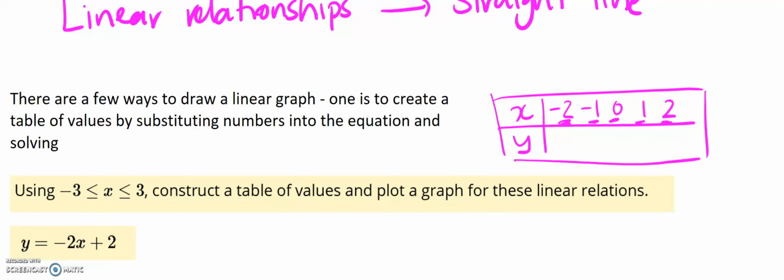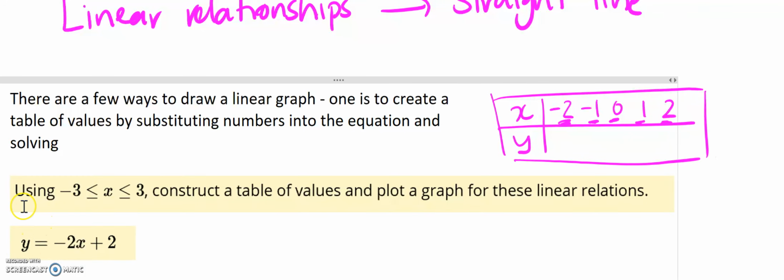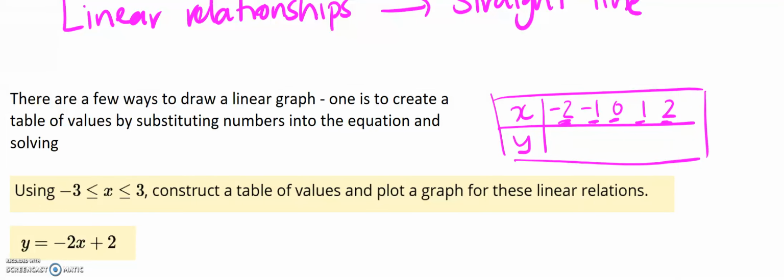So you've been given this task using our x values from -3 to 3. As we learned last week, this sign means x is greater than or equal to -3 and x is less than or equal to 3. Okay, so that means our values range from -3 right up to 3, and it includes our -3 and 3 values.